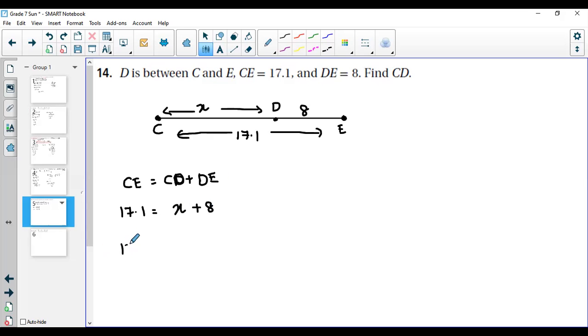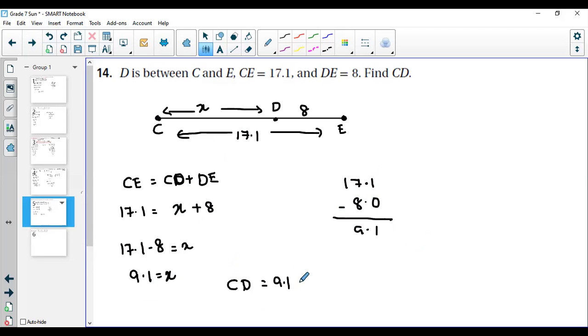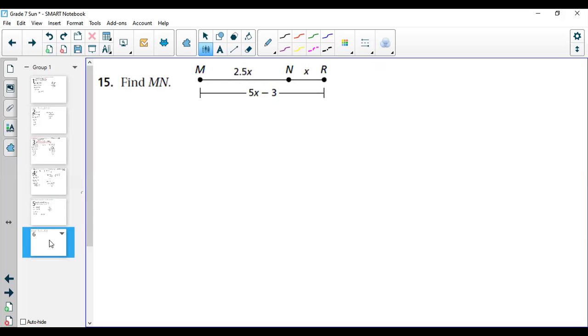So 17.1 minus 8 is equal to X. How much is 17.1 minus 8? 8 means it's 8.0. So this is going to give you 9.1. So 9.1 equals X. So the distance CD is 9.1. It's easy. Once you start practicing, everything becomes easy.